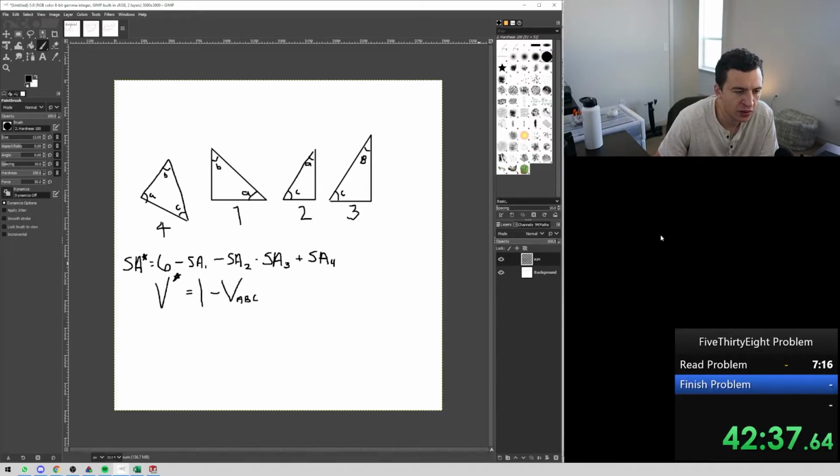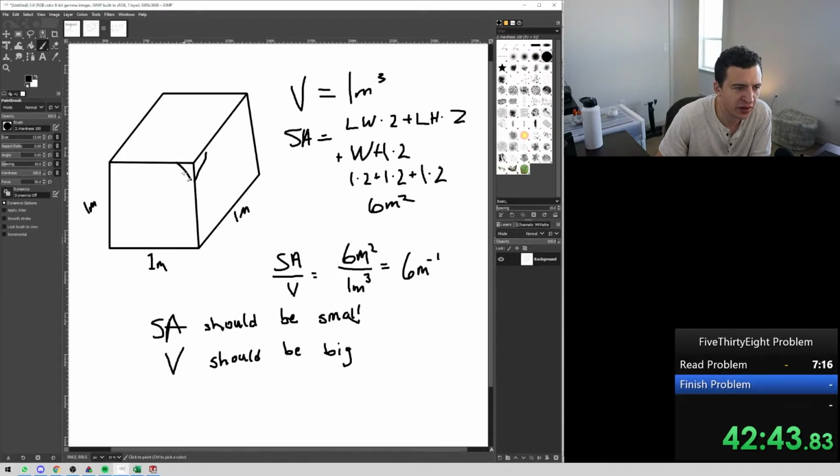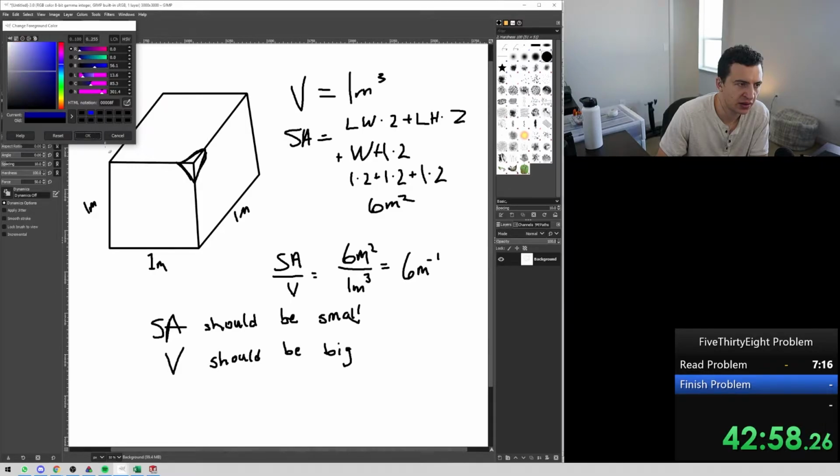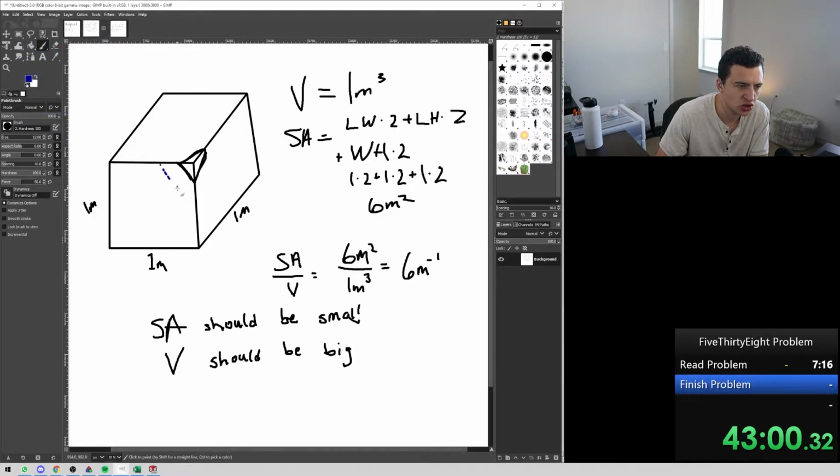Oh no, I messed up, guys. Is that all we have to figure out? I think there might be one more variable here, because the angle of the cuts matters, but also the scale, right? Like you could have that cut, but you could also, I'll use a different color, have this cut.